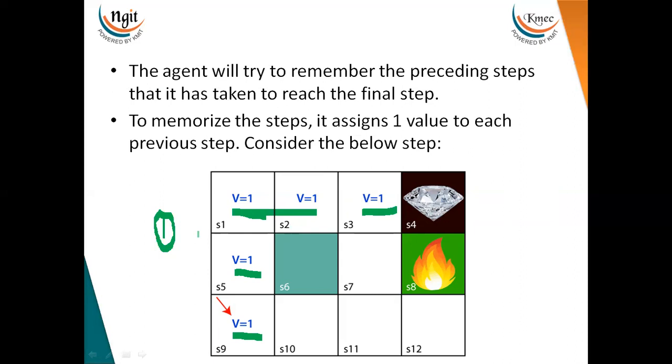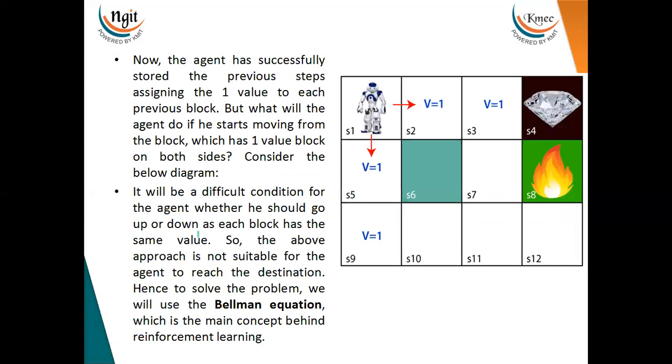The problem comes in the second iteration. Suppose in the second iteration my robot is not situated in S9, but in S1. Then what you have told it is to visit the blocks which have the value 1. Here the robot will get confused, because S2 has the value 1 and S5 also has the value 1.